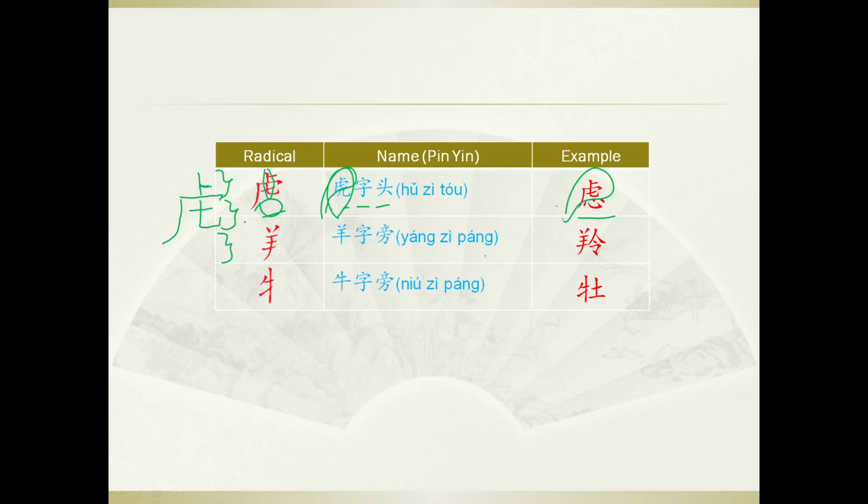Next radical, 羊字旁, sheep, goat. This radical is actually this word.